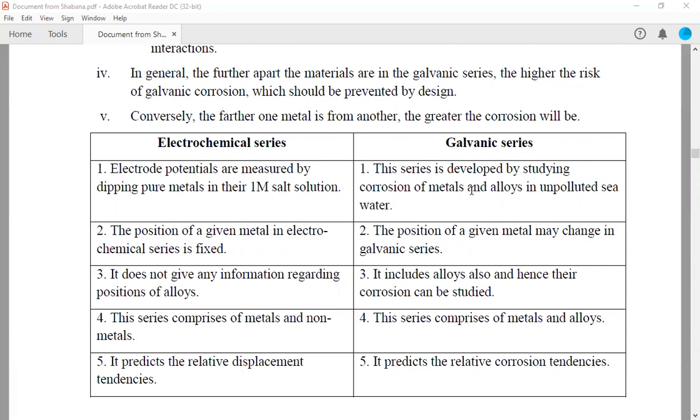Whereas the galvanic series is developed by studying the corrosion of metals and alloys in unpolluted seawater without their oxide film.